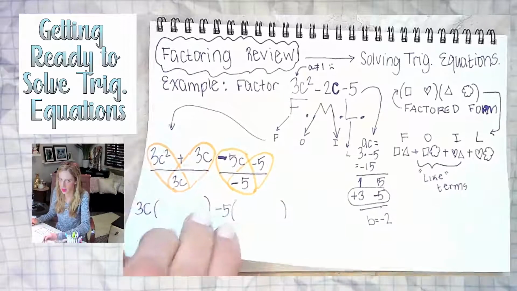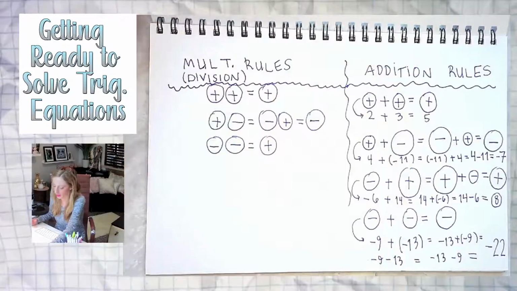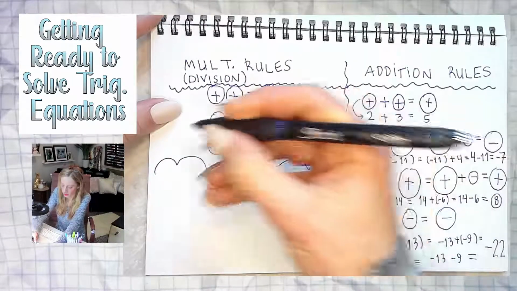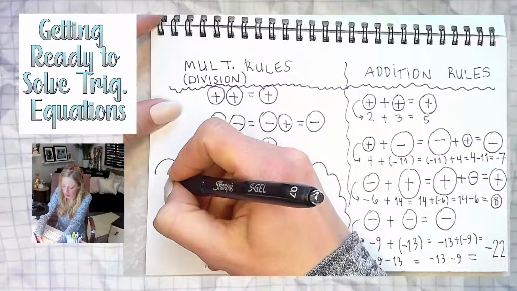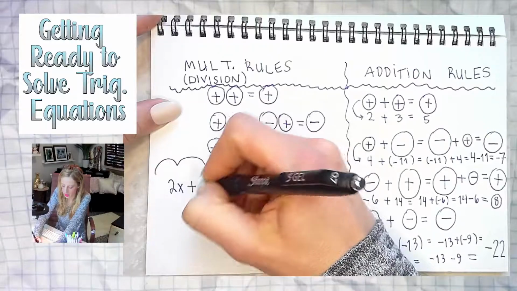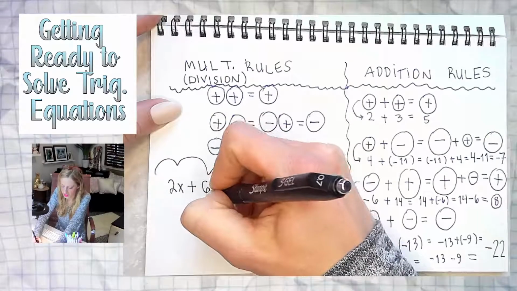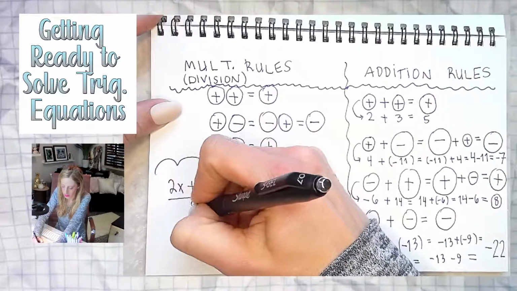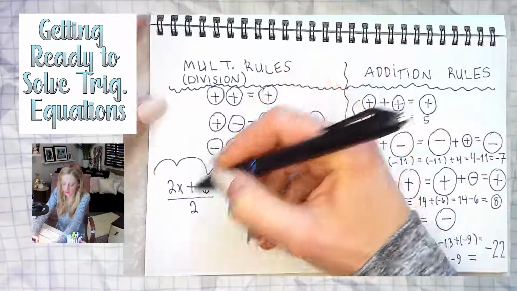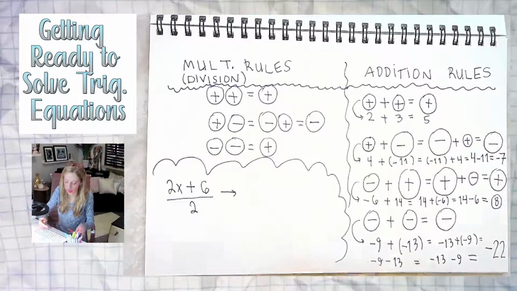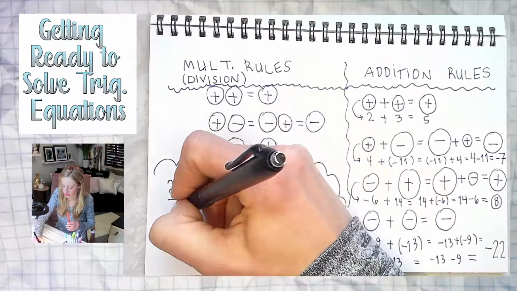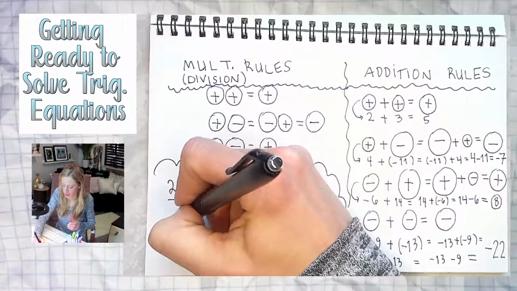So just to compare for a moment, I'm going to flip right back on this little cloud over here. If I have 2x plus 6 over 2. If I wanted to reduce that, or actually, let's even make this a 12.